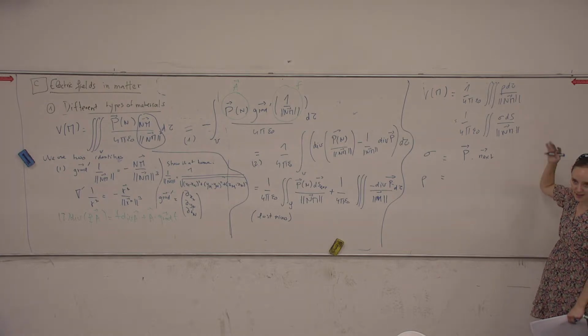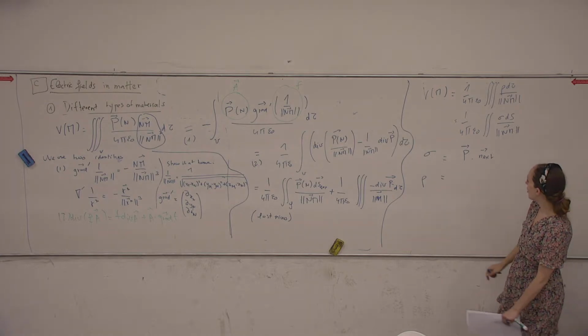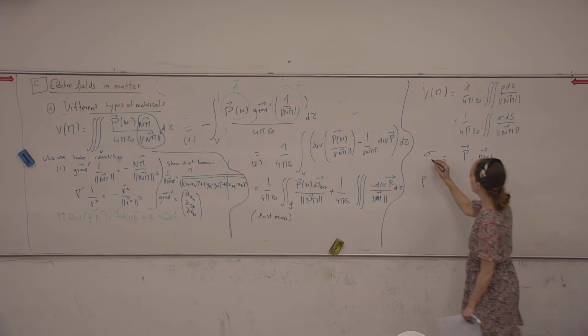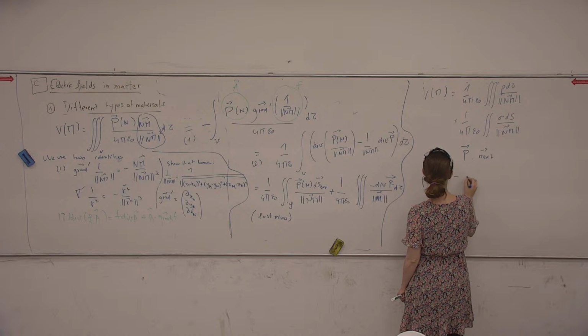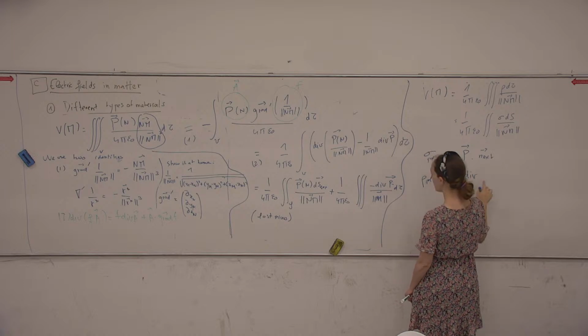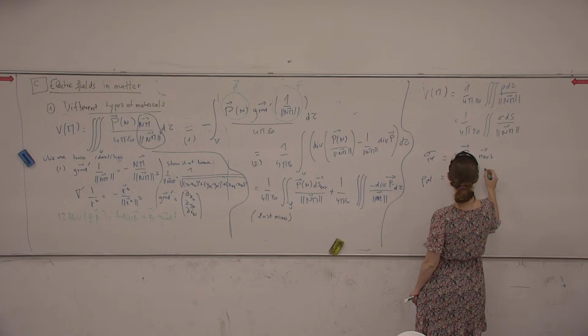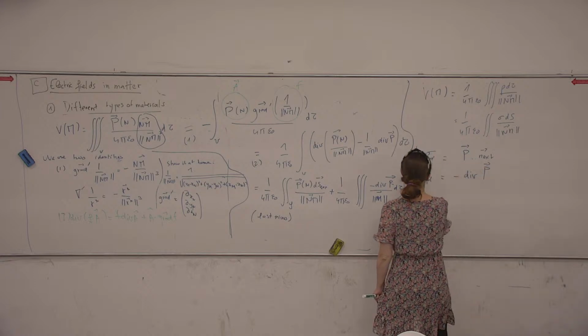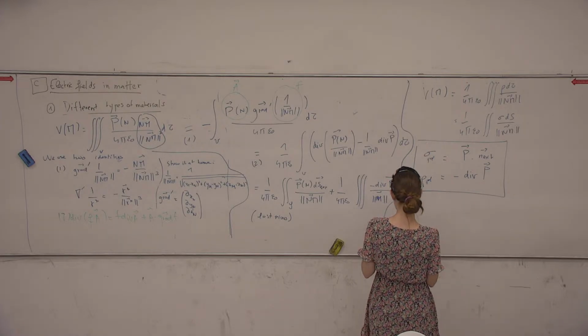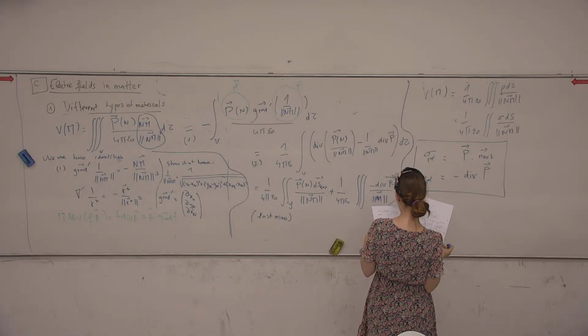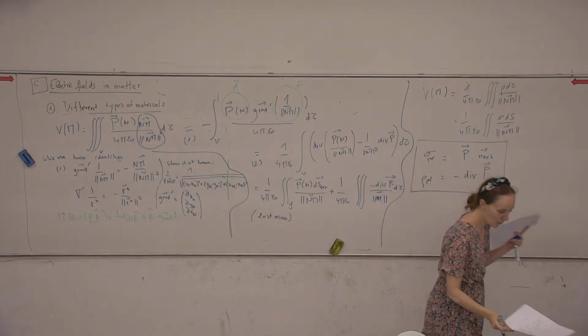Unit vector times dS is the vector dS. And rho_pol is equal to what? Minus the divergence of P. This you need to know by heart.